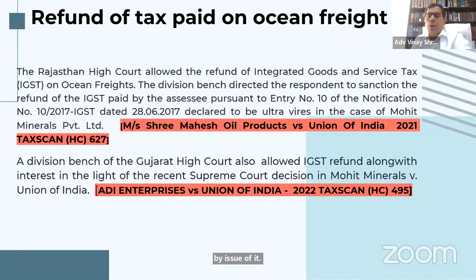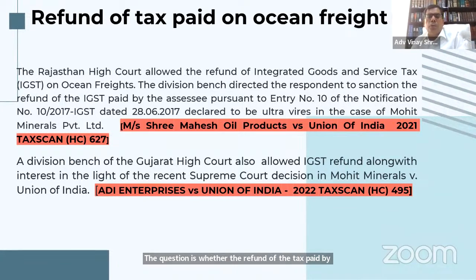Now, I think all of you must be aware of the Mohit Mineral judgment, whereby the Honorable Supreme Court struck down the notification which imposed GST on ocean freight on a presumptive basis. So after such notification was struck down with respect to liability of tax on the presumption, the question is whether the refund of the tax paid by any SSE who was not party to such a proceeding can be claimed.